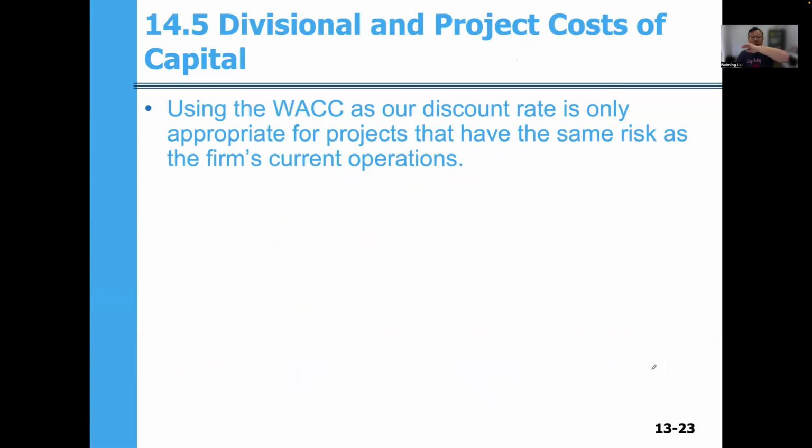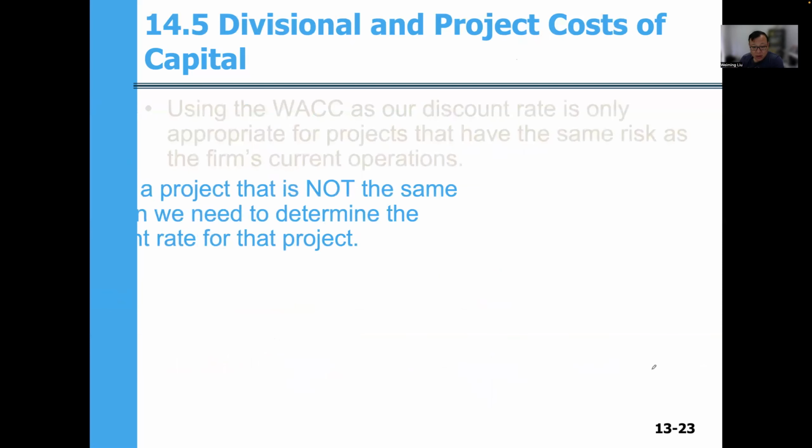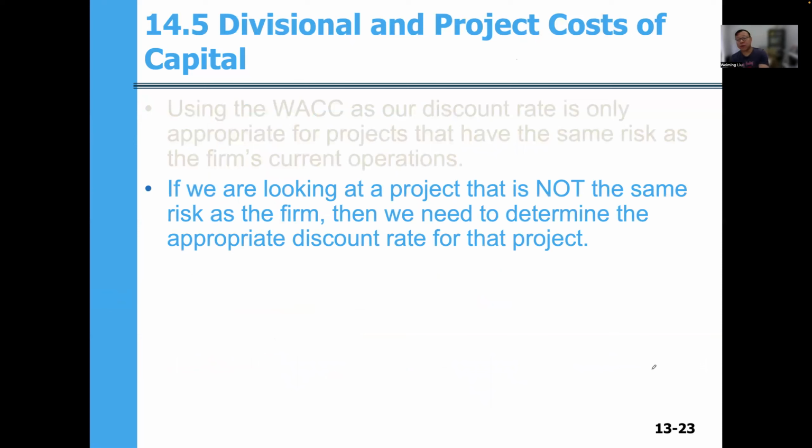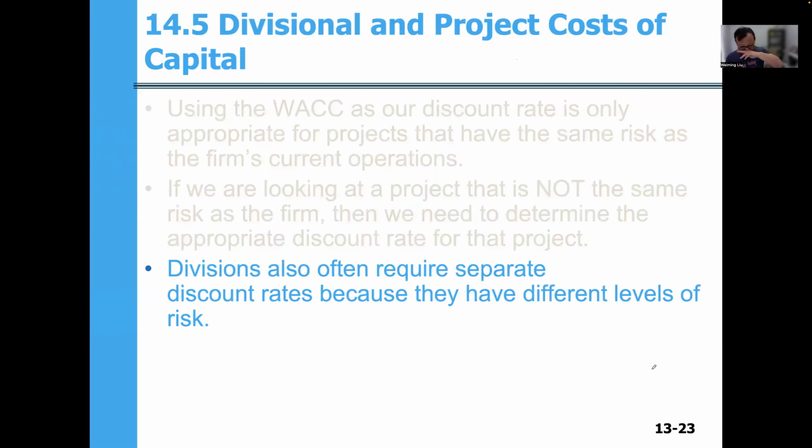Okay. Using the WACC as our discount rate is only appropriate for projects that have the same risk as the firm's current portfolio. If we look at a project that is not the same risk as the firm, we need to determine the appropriate discount rate for the project. Divisions also often require a separate discount rate because they have different levels of risk.